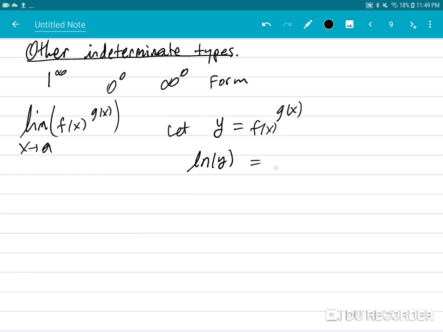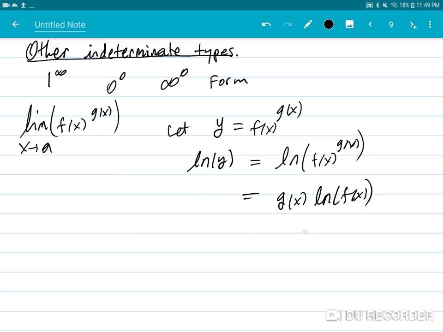This will give you natural log of f of x to the power of g of x, and the log rule gives you that this is g of x times natural log of f of x, and this becomes a 0 times infinity, or infinity times 0, type indeterminate.